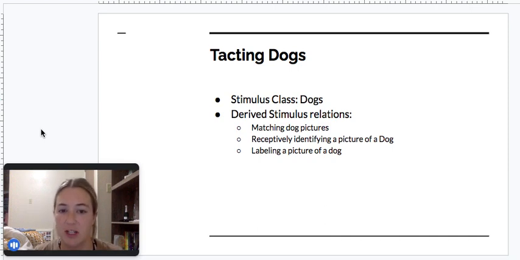So you went from matching 2 dog pictures to them finding dog in an array, and then eventually you would get to the point where you would hold up a picture of a dog and say, what is it? And they'd say it's a dog, because they have heard you reinforce that match dog and find dog, and then they would be able to label a picture of a dog.